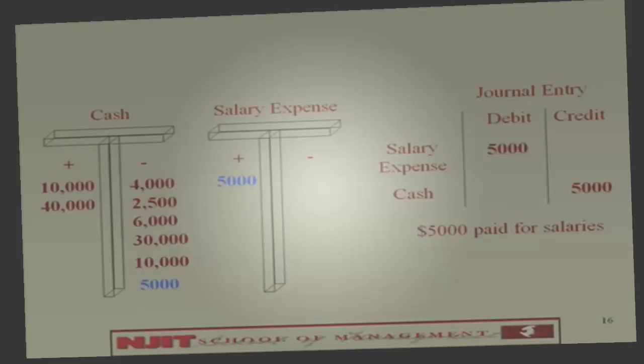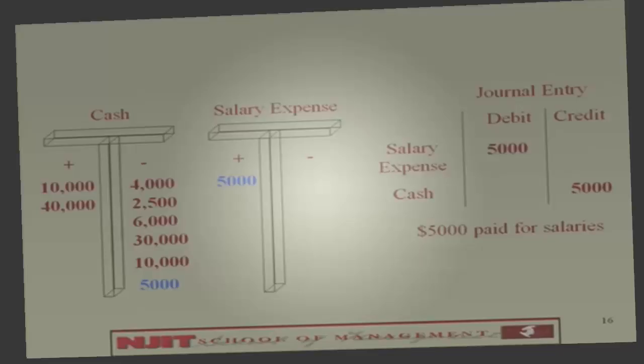What's the next one? Transaction 10. The company received 10,000 cash from customers previously billed. So, what two accounts would be impacted? Cash, because you got money. And who paid you? The customer, that is, accounts receivable.